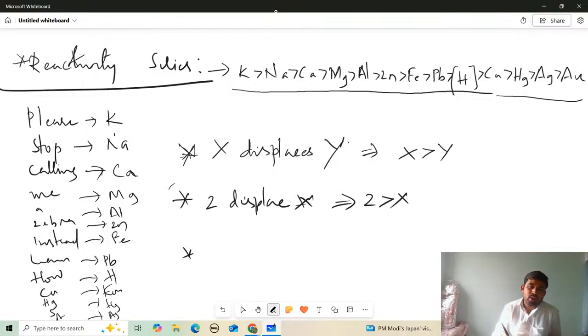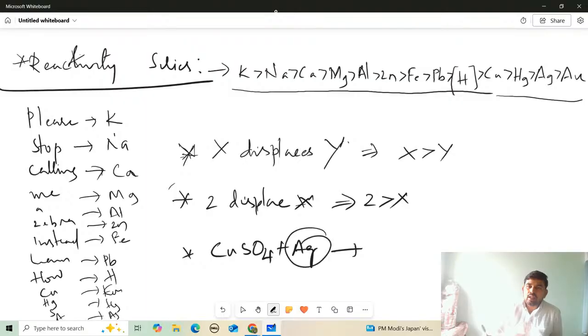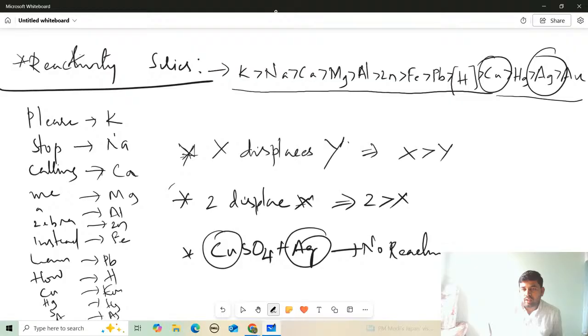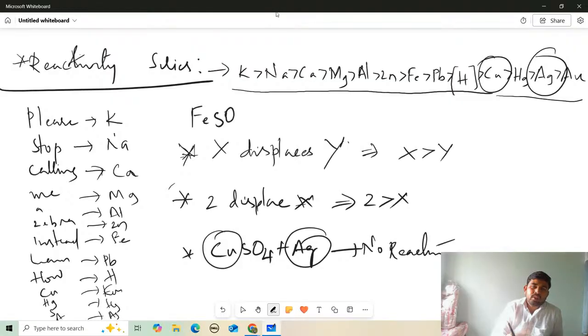Suppose they give copper sulfate plus Ag. Is the reaction possible or not? Where is Ag? Here, and here is copper, which is more reactive. Copper itself is more reactive, that's why this reaction is not possible. We can say no reaction. Suppose they give FeSO4 and I am adding zinc, the reaction is possible.